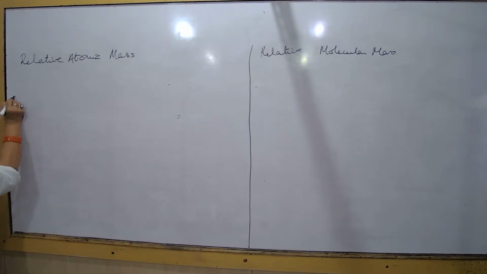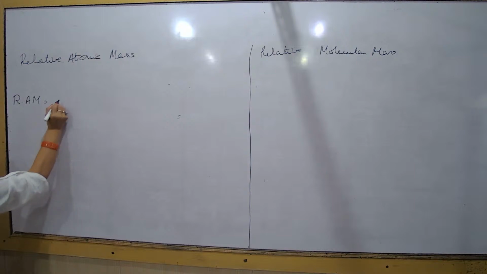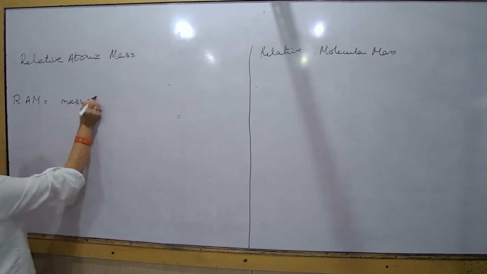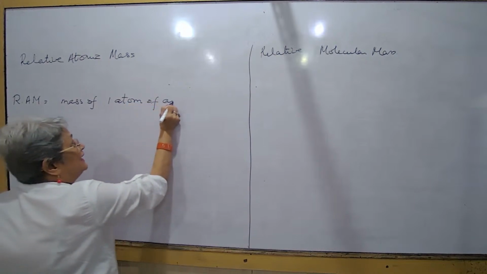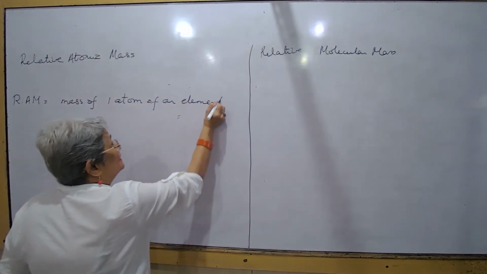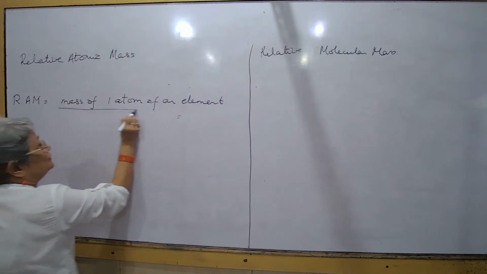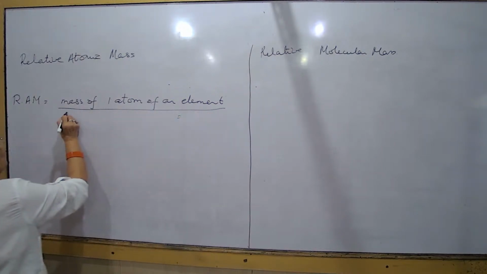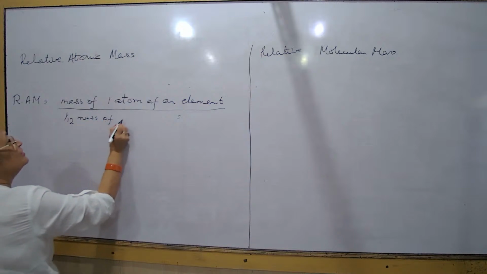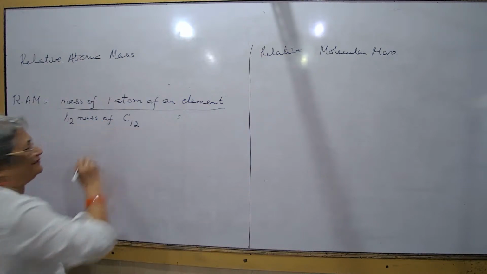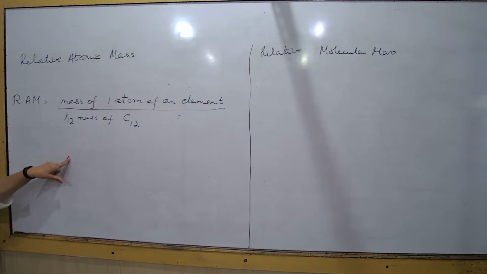In short, we'll write down RAM is equal to the mass of one atom of an element upon 1/12 the mass of carbon C12. That is called your relative atomic mass.